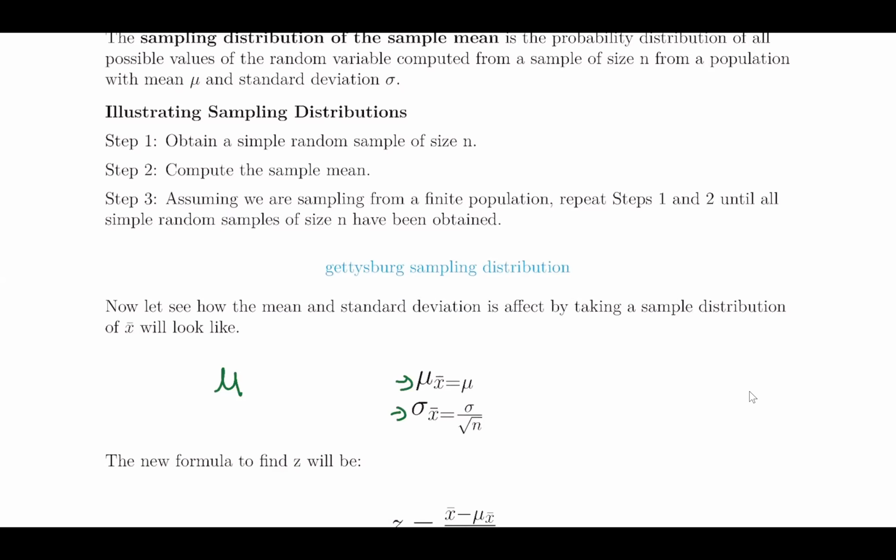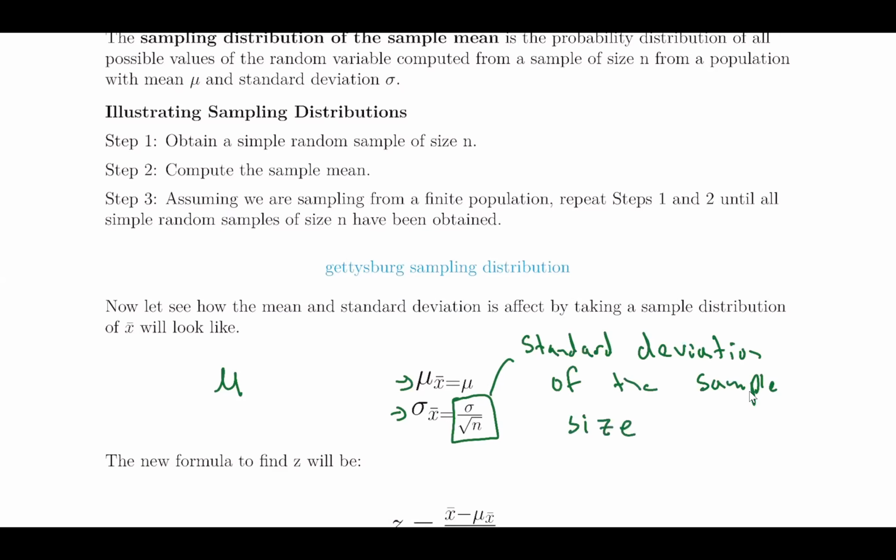The way we calculate it is by taking the standard deviation divided by the square root of n, where n is the sample size.